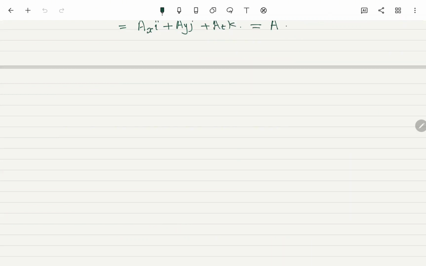Now let's define differentiation of a vector. The rule is very simple. So d by dx, for instance, if we would like to find the derivative of the cross product A cross B, we apply the derivative for the first one and we apply the derivative for the second one.